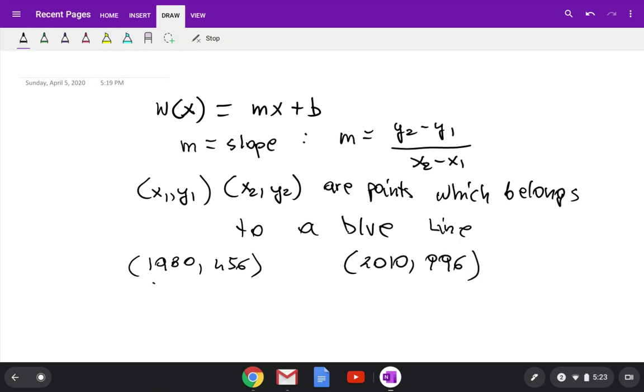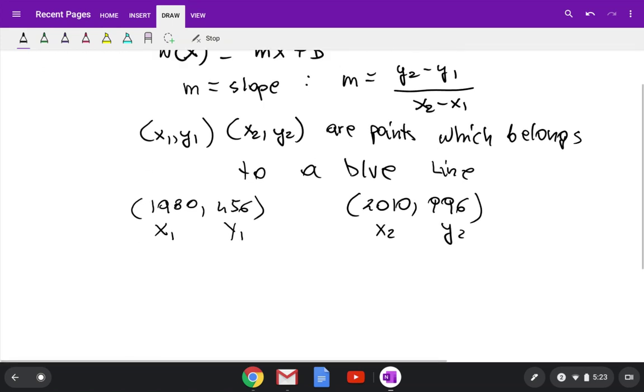So make sure that you label them: this is x1, this is y1, this is x2, y2, and you plug them into the slope formula.